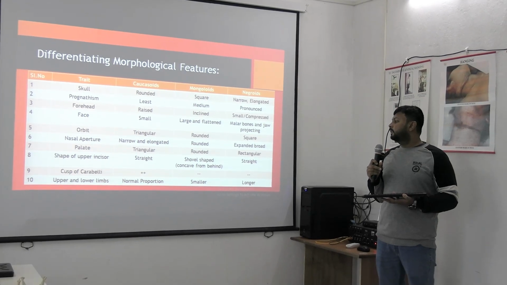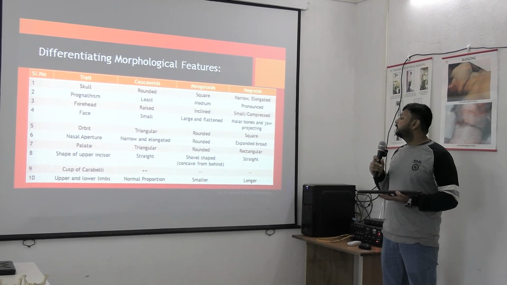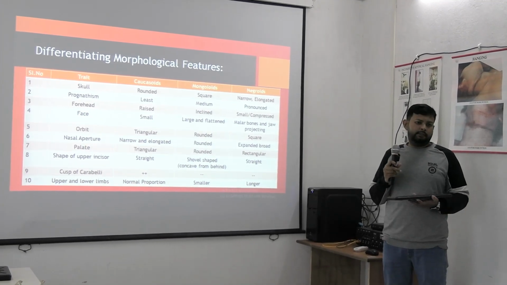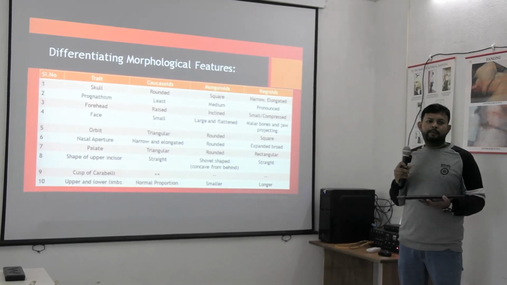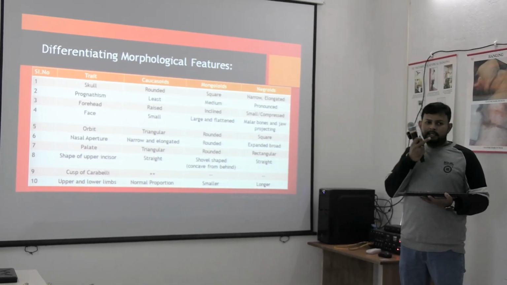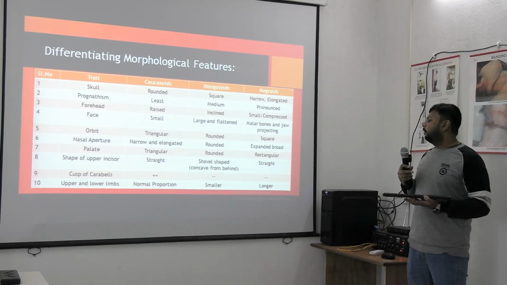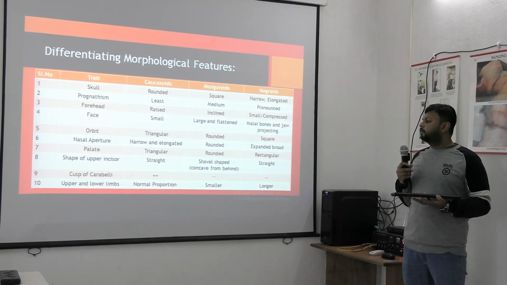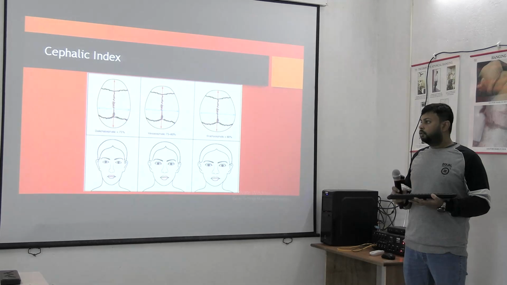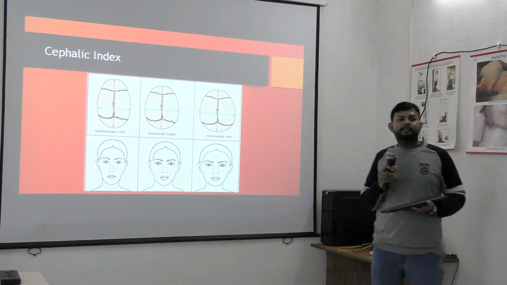Shape of the upper incisor, the important one is the shovel shaped incisor in Mongoloids. That we didn't discuss earlier. You should remember shovel shaped incisor teeth in Mongoloids. Okay. Rest all we have discussed. Cusp of Carabelli also we have discussed. So cephalic index.